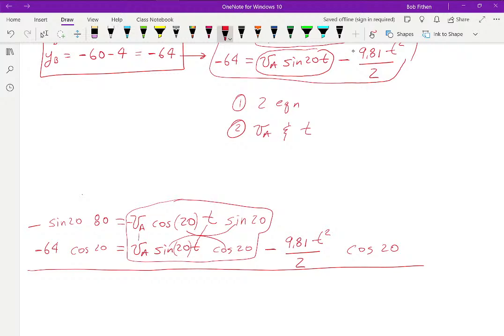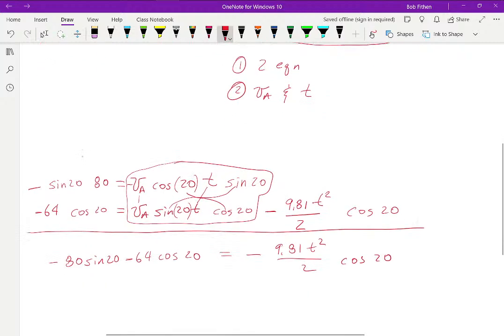So I think what I get is minus 80 sine of 20 minus 64 cosine of 20 equals 2, and then minus 9.81 t squared over 2 cosine 20, and I should be able to finish this out and get t.